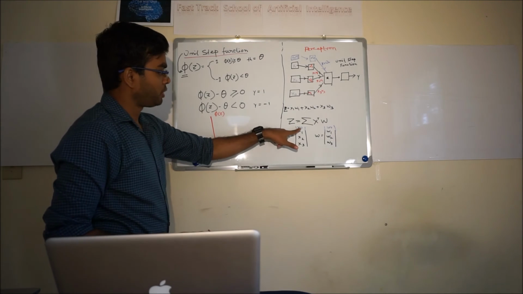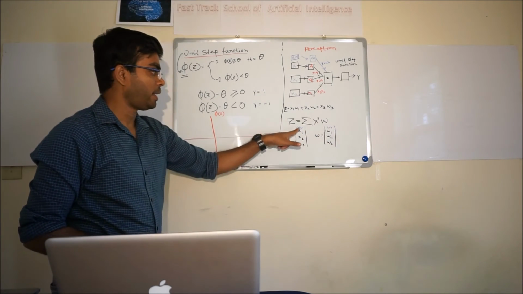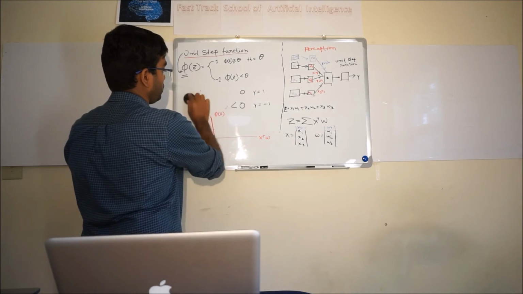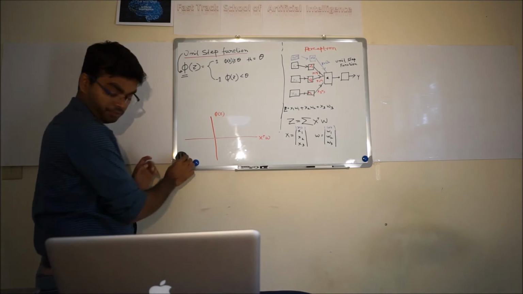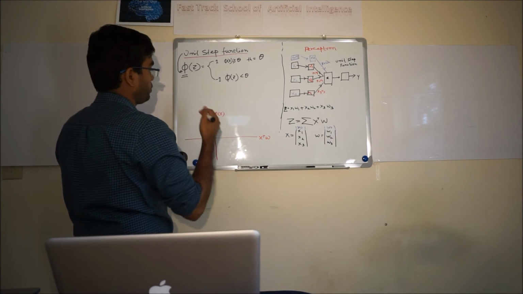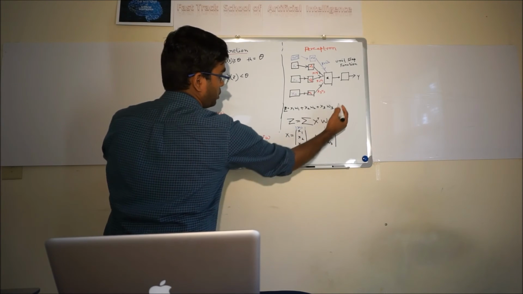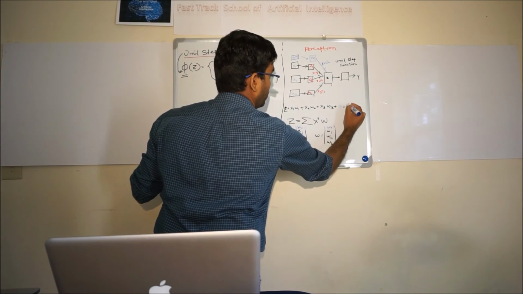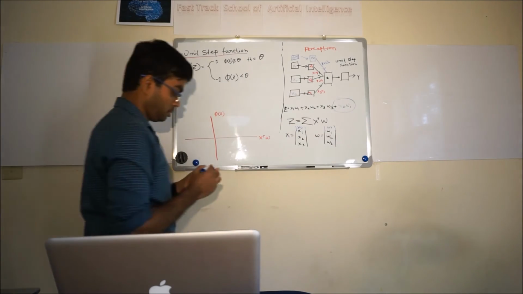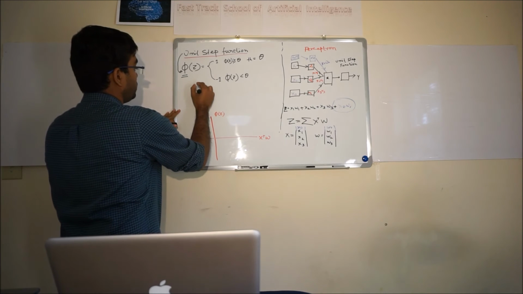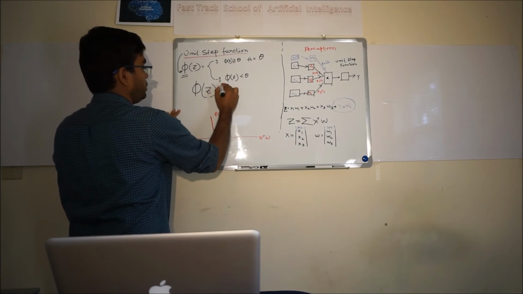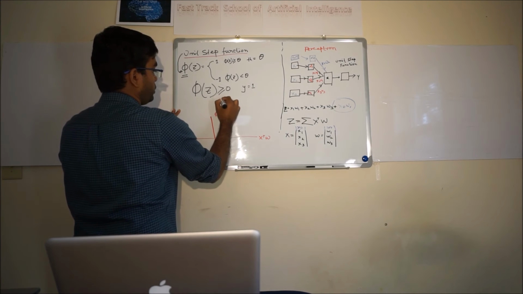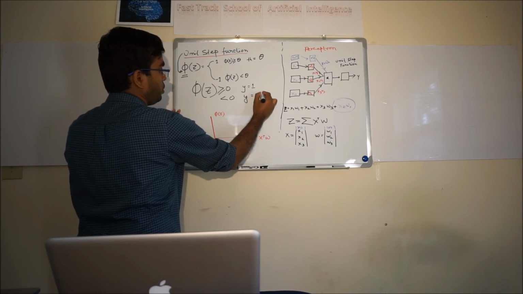So let me write down before that, after inclusion of these biases and these new unit inputs, the final equation will be: now this z will be plus x0 and W0 as well. Okay, so the final thing is z greater than or equal to 0, then y equal to 1. If it is less than 0, then y equal to -1.